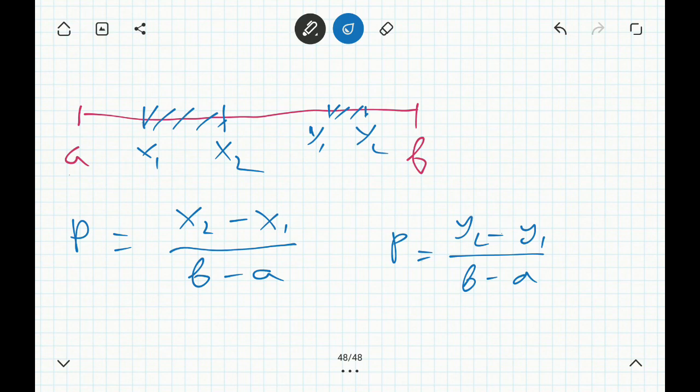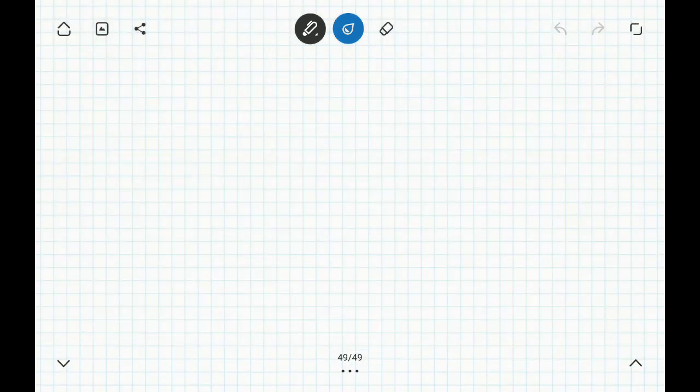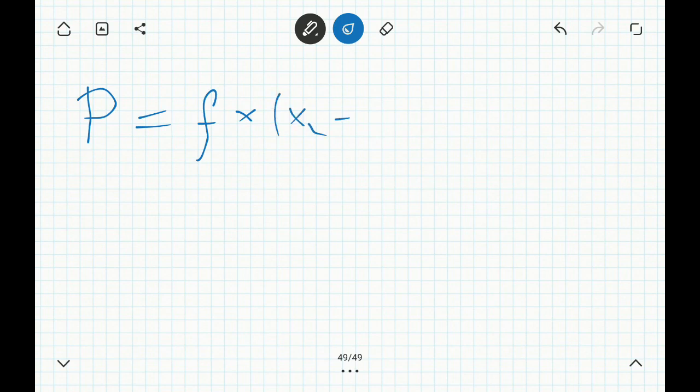And both of them have this common denominator. So in a more generalized way, I can write something like this. We have some f times x2 minus x1, right? And this f in our case is just 1 over b minus a.